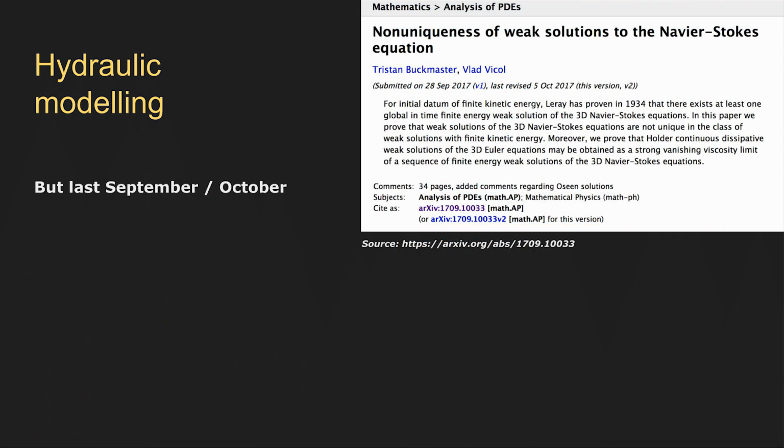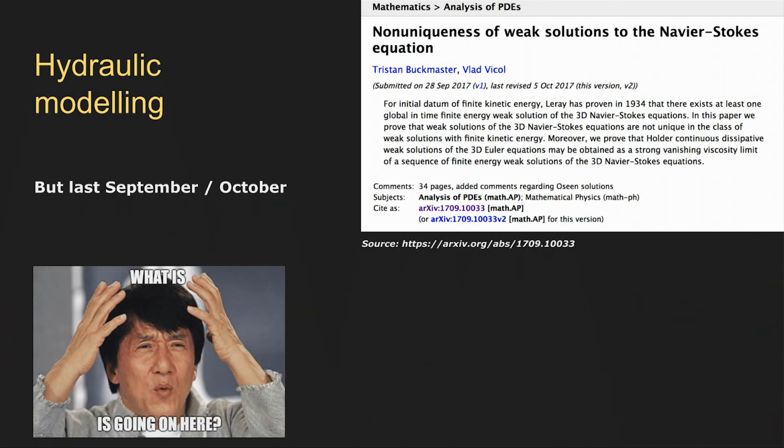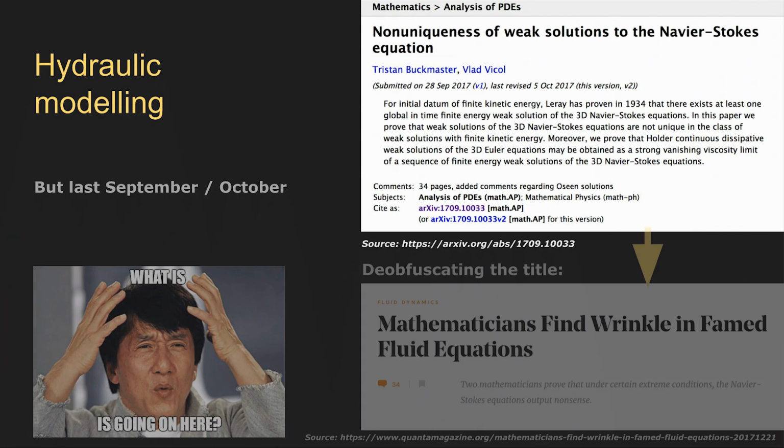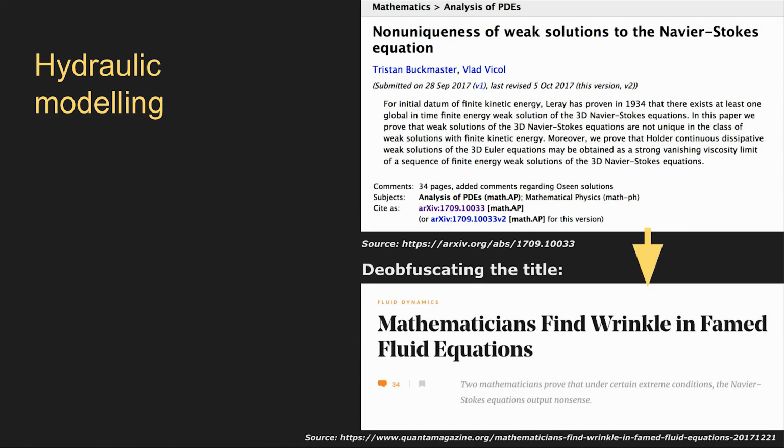Last September, a couple of researchers in Cambridge published this article, Non-Uniqueness of Weak Solutions to the Navier-Stokes Equations. So what does that mean? Well, it basically means that there are some problems with the equation. They found a situation where the solutions given by the equation are non-unique.